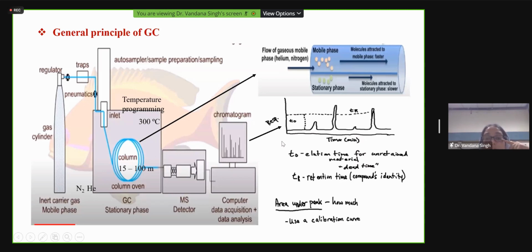In this way we can identify the unknown components and also quantify them. So this is the basic principle of gas chromatography. Now we will discuss all of these portions one by one.